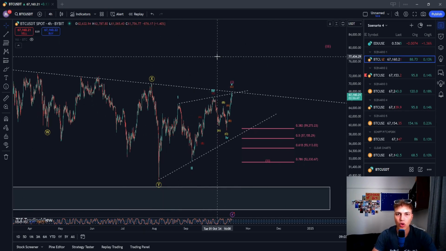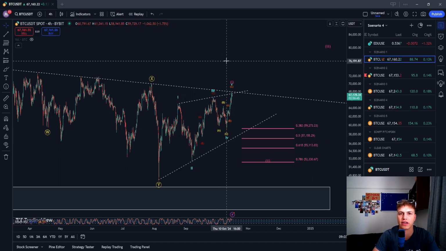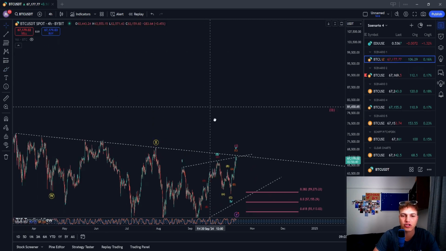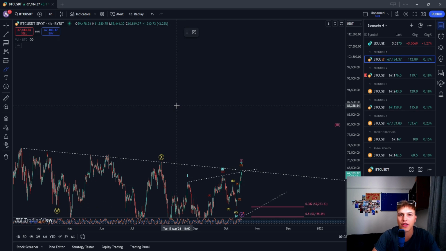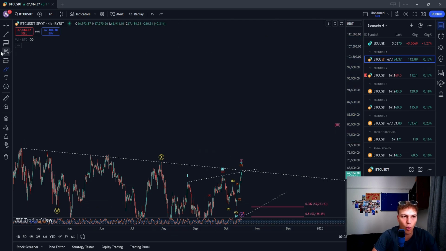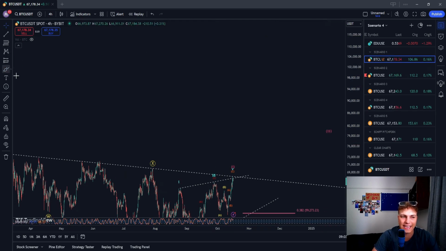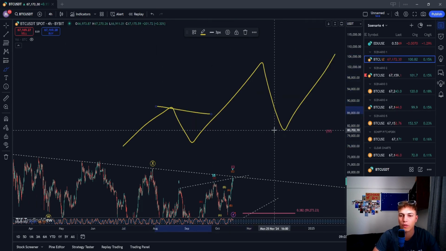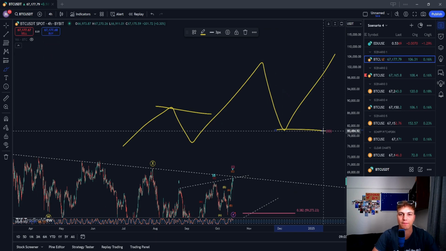So when we finish a correction and we're looking for higher prices, we are looking for a 5-wave structure up, either in a 1, 2, 3, 4, 5, or a diagonal in a 1, 2, 3, 4, 5, where wave 1 and wave 4 overlap in price.